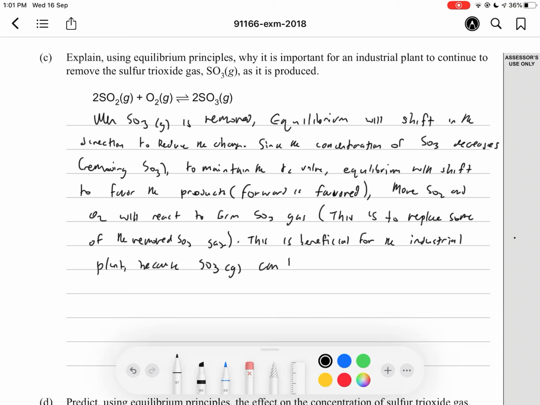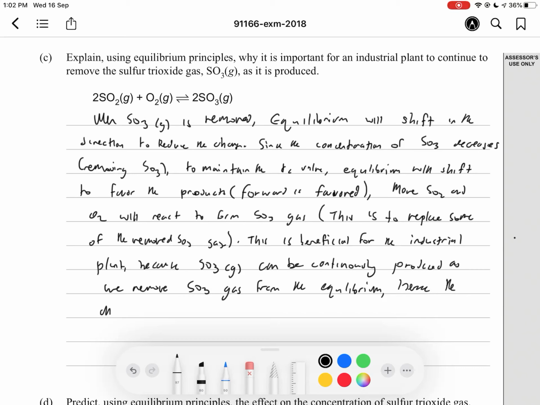Because SO3 gas can be continuously produced as we remove SO3 gas from the equilibrium, hence the amount of SO3 that the plant is getting increases.